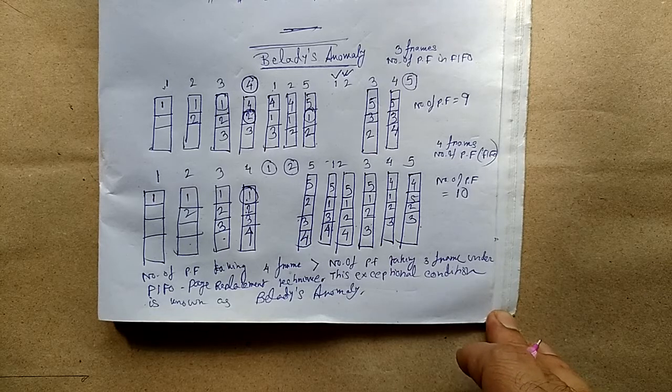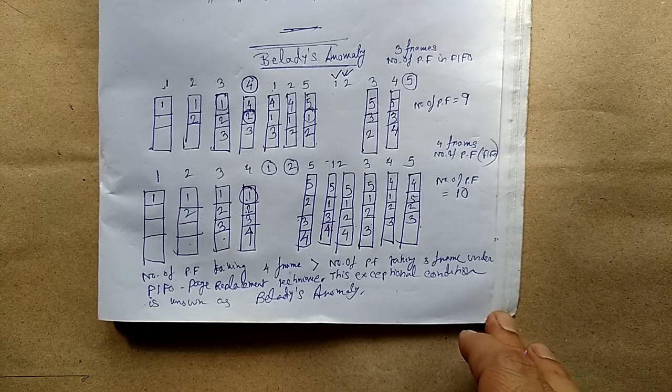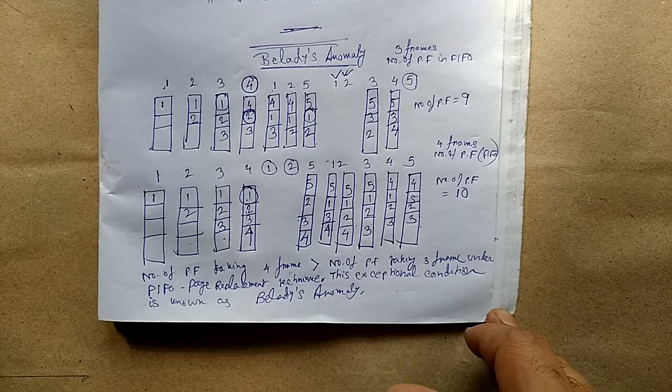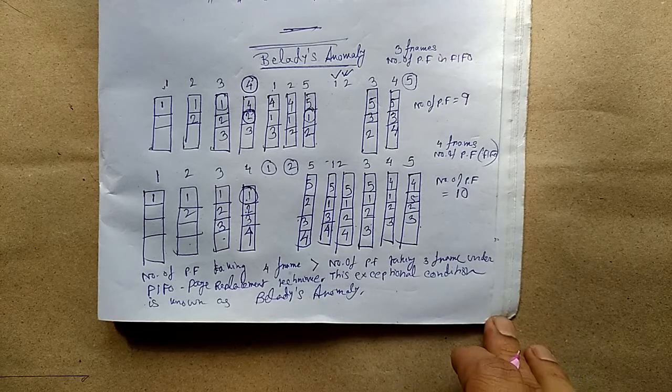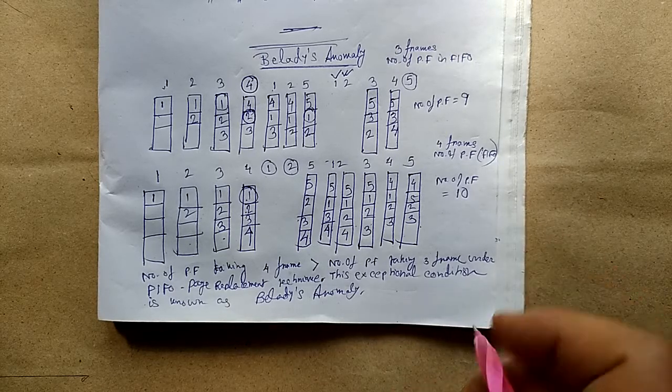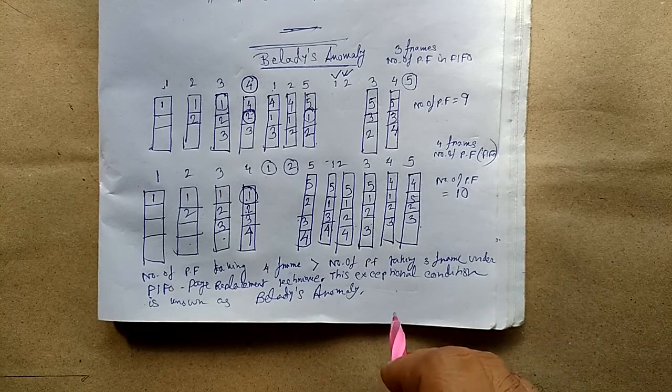But here you can find from the problem that we have increased the frame number, but the page faults are increasing. That's why it is exceptional, and this exceptional condition is known as Belady's Anomaly.